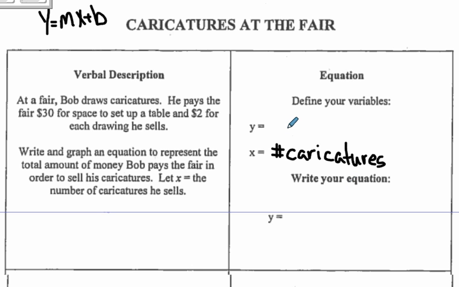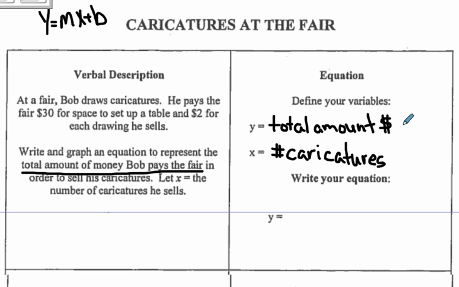The y is going to be the total amount of money Bob pays the fair. Usually, your x and y are given in your problem. And usually y is a total. That's really a key word for y, usually a total of something.